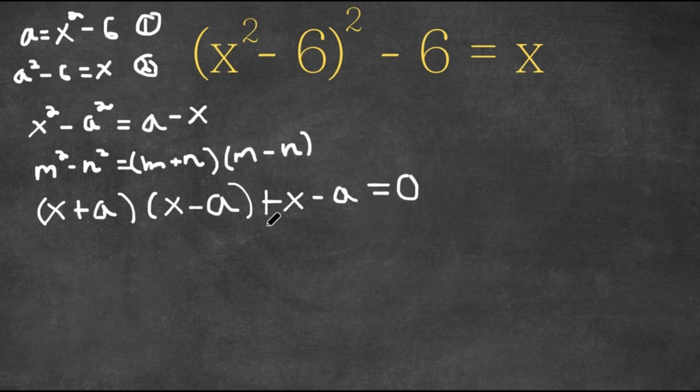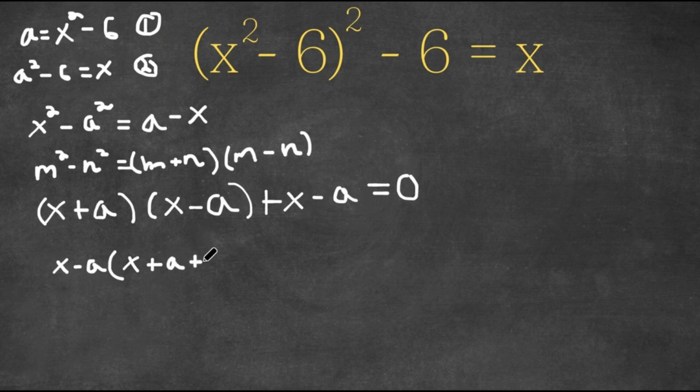Now I'm going to factor out x − a from this. (x + a) times (x − a) divided by (x − a) is simply x + a, and (x − a) divided by (x − a) is 1.